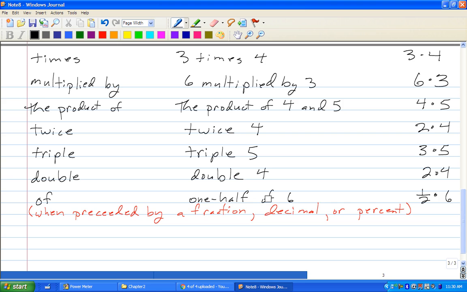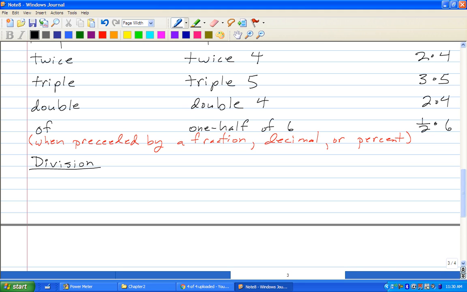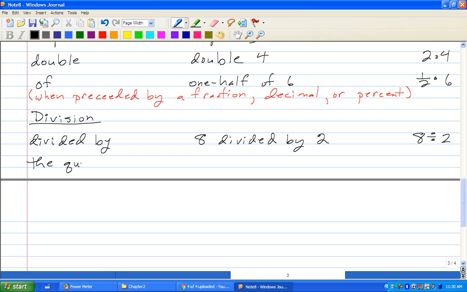Division. Divided by: 8 divided by 2. The quotient of 12 and 3 is 12 divided by 3.